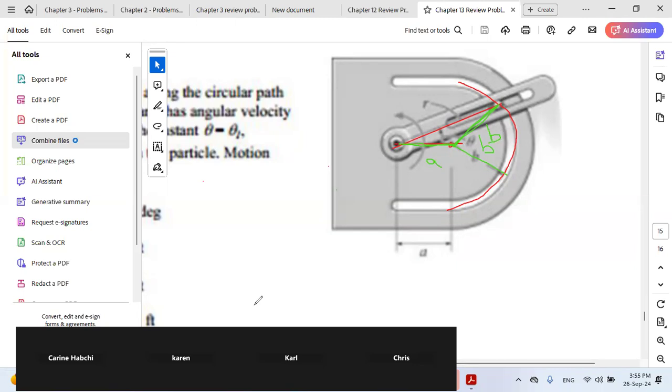I will do both for you. If A and B are equal, it simplifies the analysis a lot, because it's an isosceles triangle, so this angle theta is equal to this one.